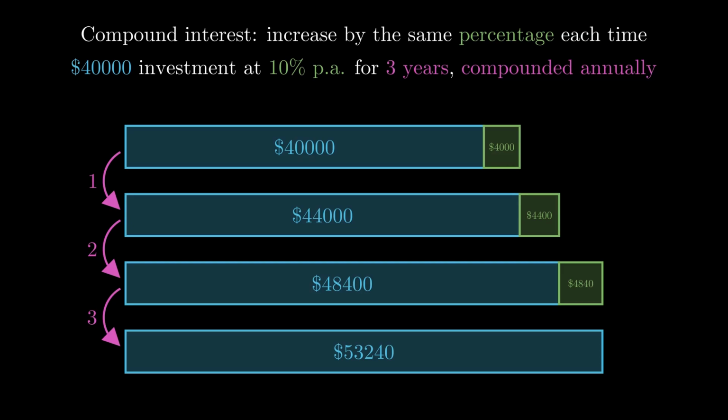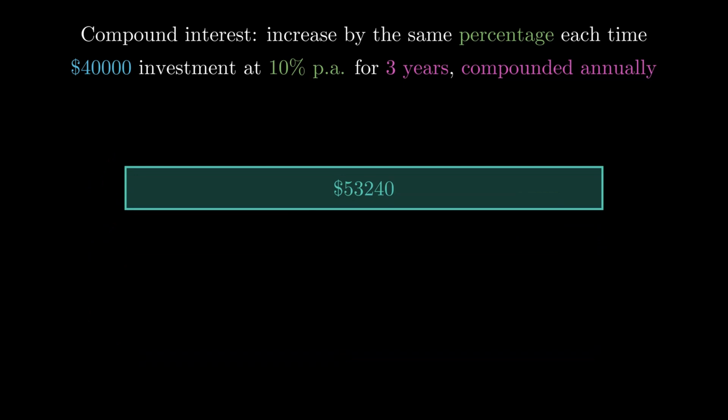One last thing before we move on. How would we get this final 53,240 in one step without drawing the picture over and over again? Well, let's think again about what happened to the initial $40,000. We know it's going to grow by a percentage a bunch of times, so it's super important to be clear on what percentage it's growing by, as well as how many times the money gets to grow.